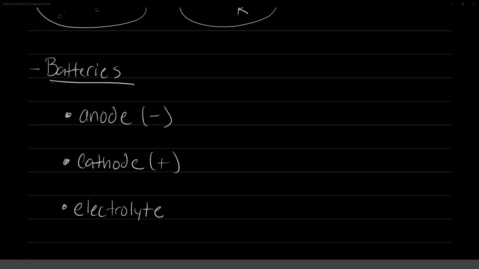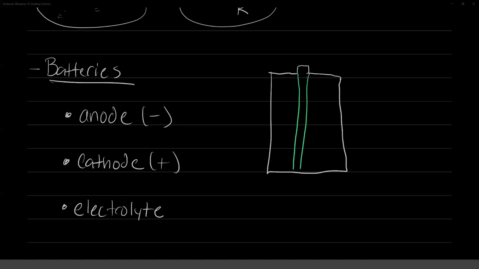So, if we have a battery, maybe we'll do this green area, say this is the cathode, this is the anode. So basically the anode and cathode can't really get to each other, right?